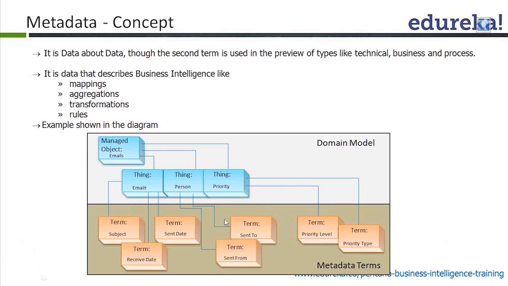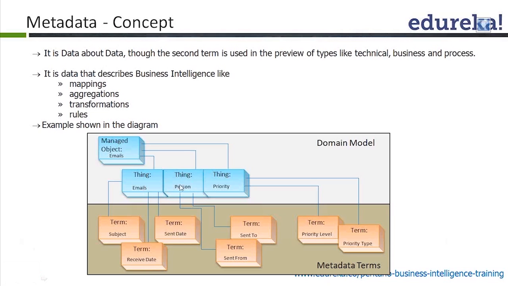Now email in turn will be mapped logically. So this is the logical mapping. Logically, email can be split into three: each email will have a subject, a receive date, and a send date.